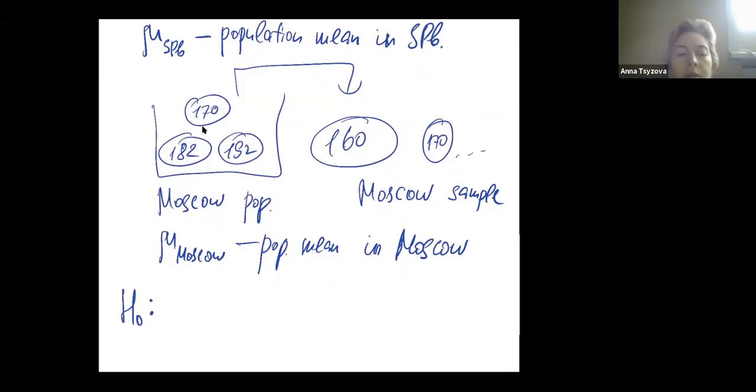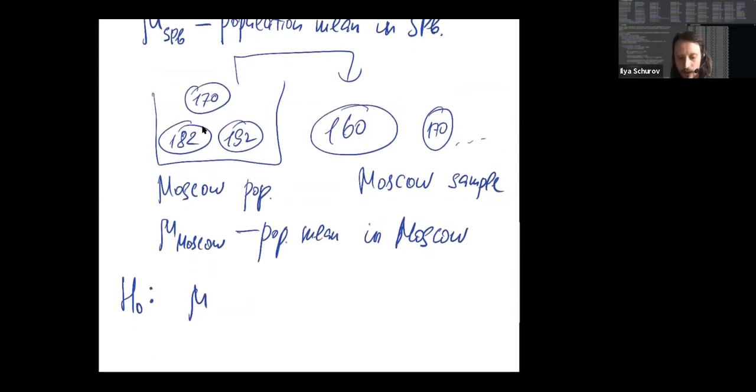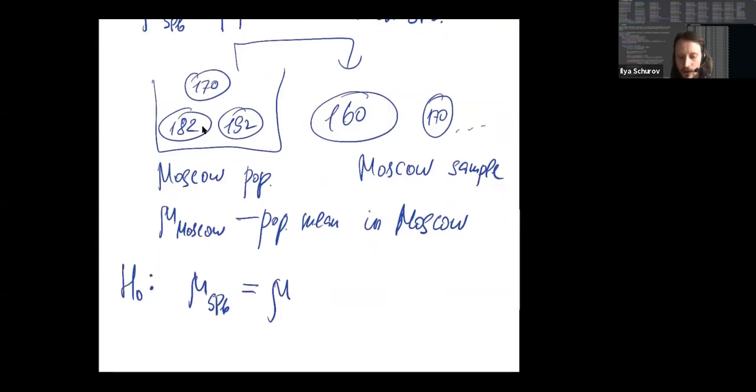Any ideas? Moscow and St. Petersburg are of the same height? Yeah. In fact, null hypotheses are usually specified in terms like something is equal to something. So in this case, the null hypothesis is that, on average, people in Moscow are of the same height as people in St. Petersburg. So the average height of people in St. Petersburg is the same as the average height of people in Moscow. So these two population means coincide. This is our null hypothesis.